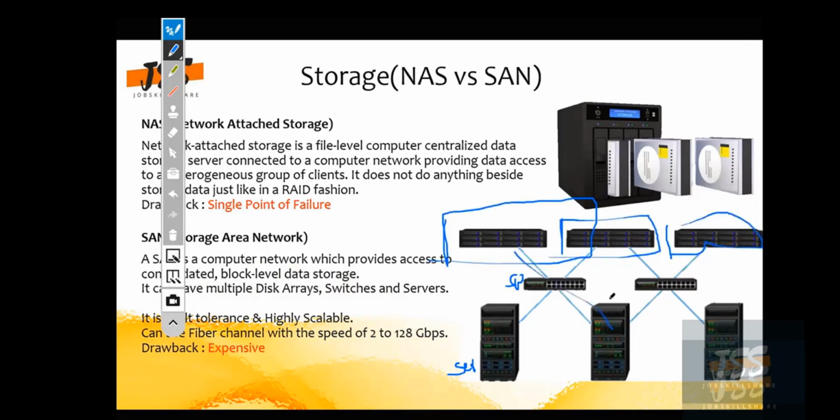We have multiple redundant paths to reach those SAN devices. Even in your data center, they are using a SAN kind of topology. If you want to upgrade, you can add more devices and hard disks, either SSD or your normal SCSI. And even if this switch is down, we still have redundancy.